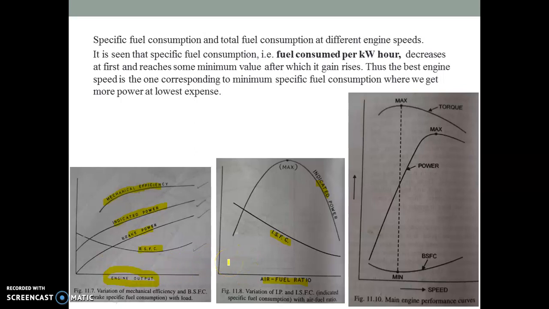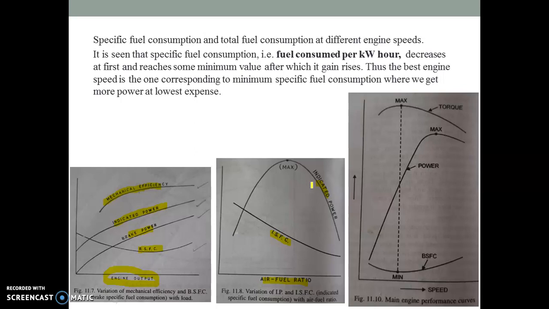In this diagram, at any particular engine speed, the variation of mechanical efficiency and brake specific fuel consumption with load is shown, and the effect of air-fuel ratio on indicated power and specific fuel consumption is shown here. From a practical point of view, the manufacturers report these curves from which the suitability of the engine for the desired purposes for which it is to be used may be ascertained.